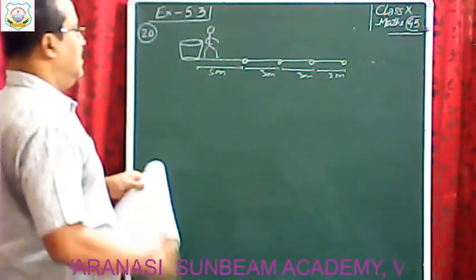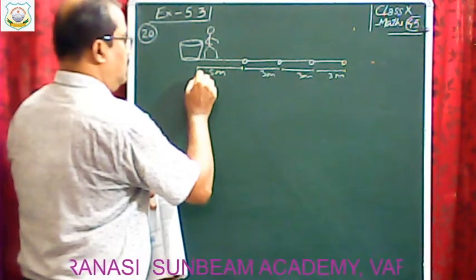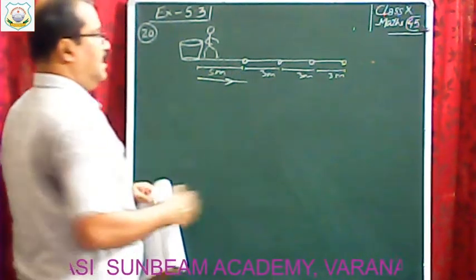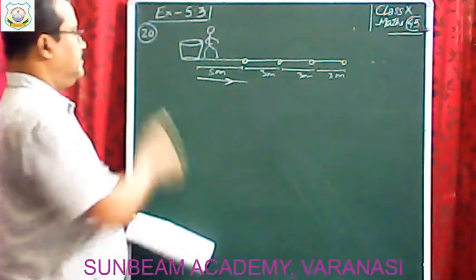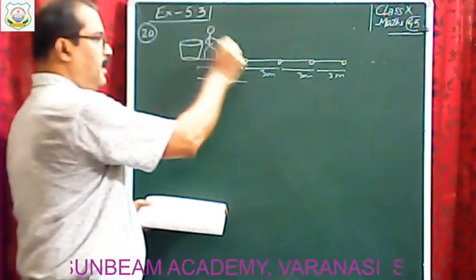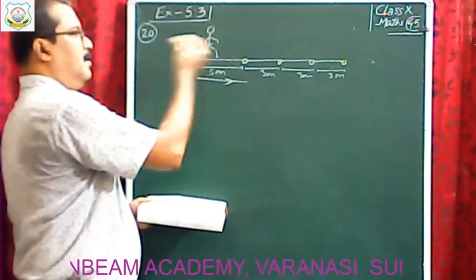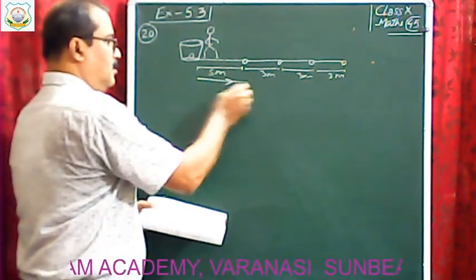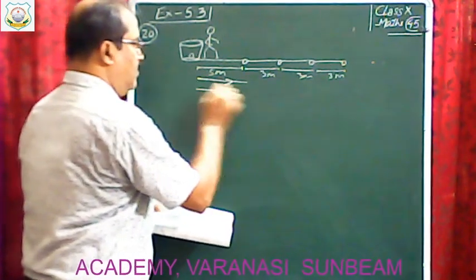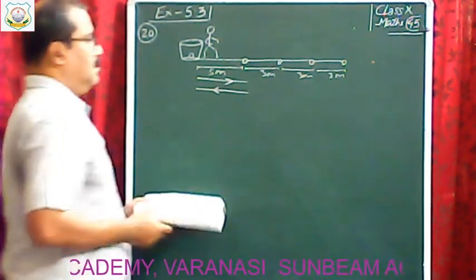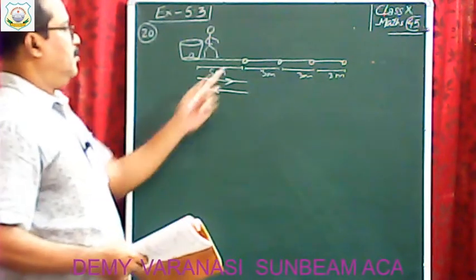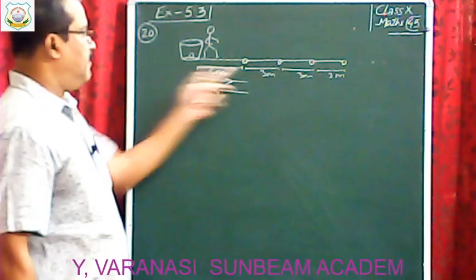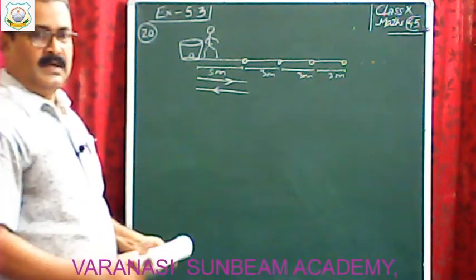The first potato is 5 meters away from the bucket. The competitor runs, picks up the potato, runs back and drops it in the bucket. So how much distance is covered to pick up the first potato and drop it in the bucket? That is 5 plus 5, 10 meters.